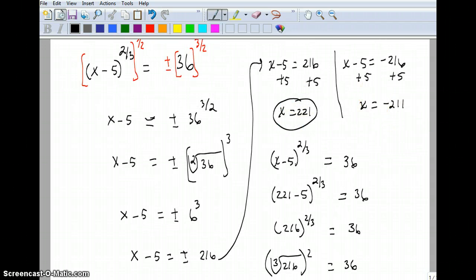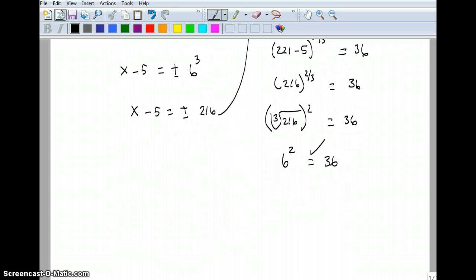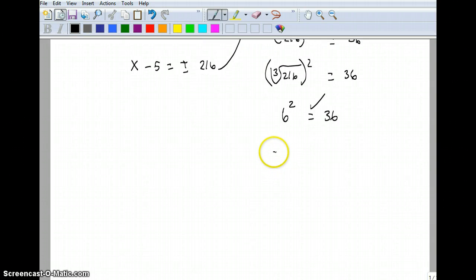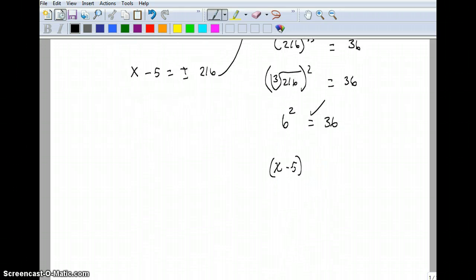Now let's check negative 211. Again, the equation was x minus 5 to the 2/3 power equals 36. So I'm plugging in negative 211 minus 5. Negative 211 minus 5 to the 2/3 power.